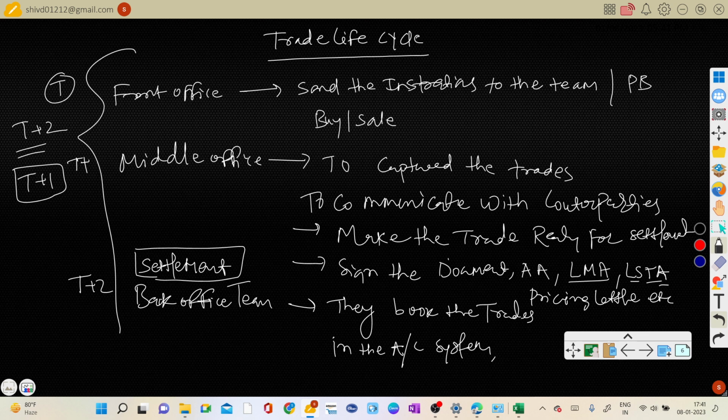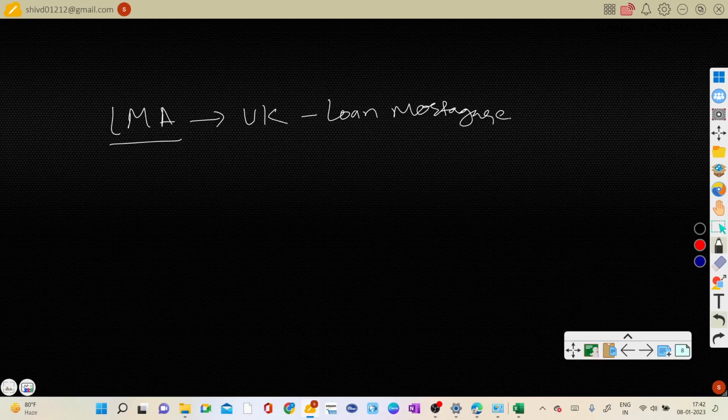With regards to loans, you may expect questions like what is LMA trade. LMA is market-wise; in the international market, we work for the UK market. LMA means Loan Market Association.